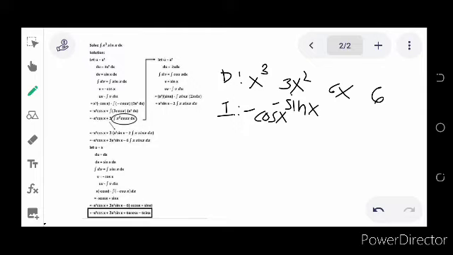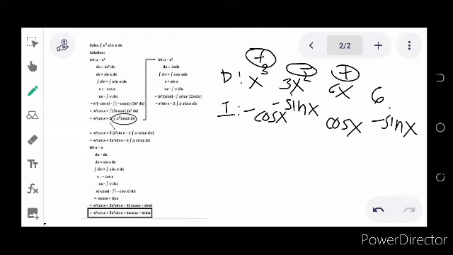Integral of sine x is negative cosine x, but since that's negative, that's positive cosine x here. And then integral of cosine is you have negative sine x. So assign a series of signs for each column. You have positive, negative, positive, negative.